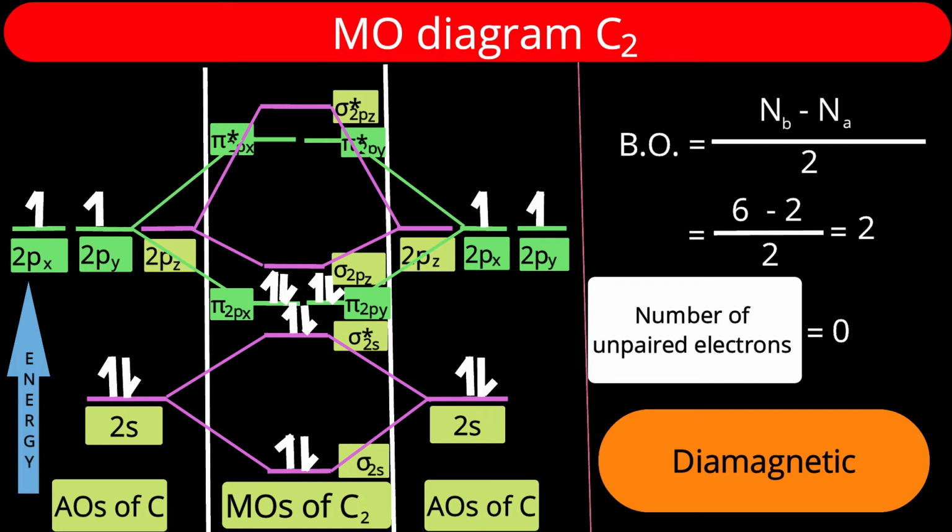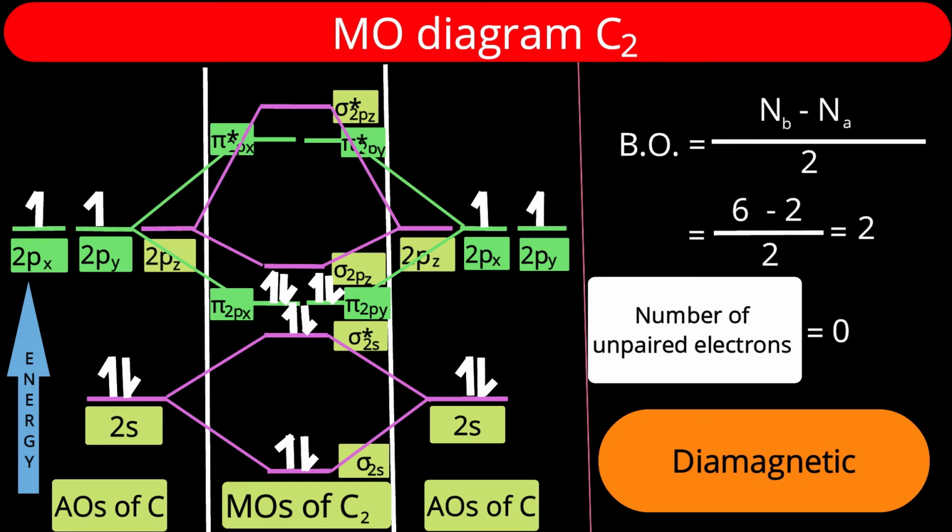I have represented those pi orbitals by green coloration. Let us talk about the energy of pi 2px, pi 2py and sigma 2pz. As per our general convention, the energy of sigma 2pz should be lower than pi 2px and pi 2py, because sigma bonding is a strong bonding, strong interaction, so the bonding orbital should be of low energy. But what are we finding in this diagram?